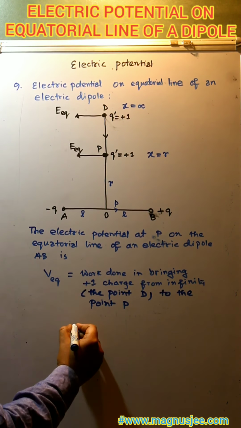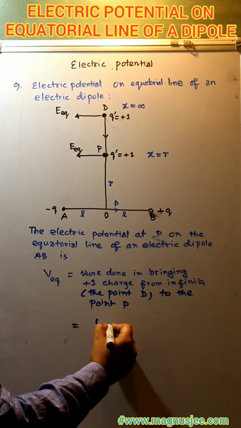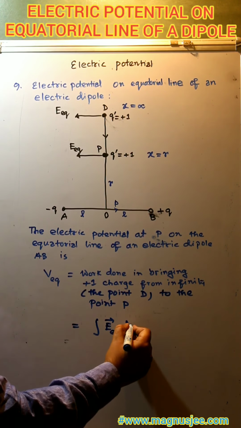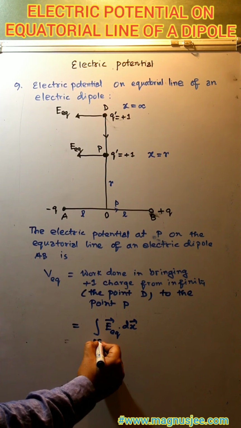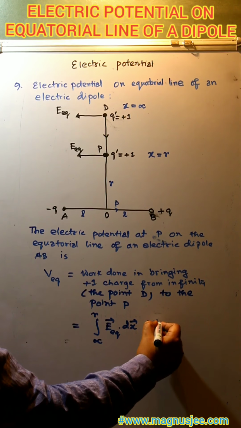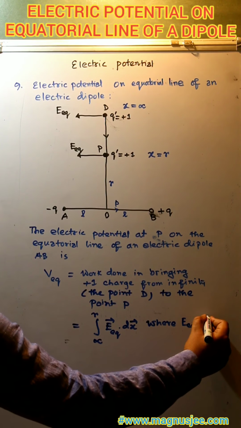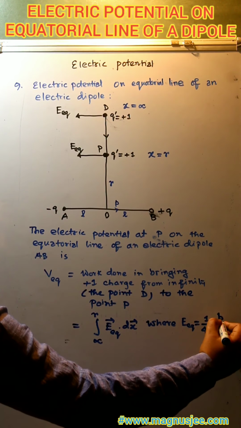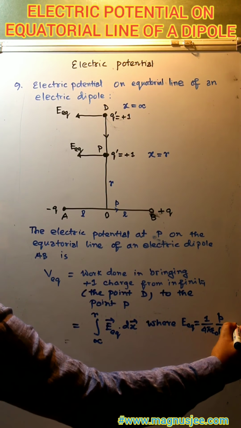Along the equatorial line, we know that work done is the integration of force into displacement. In this case, force is vector E_EQ, the field intensity on the equatorial line, into displacement vector dx, and the limits will be infinity to R. Where E_EQ, the expression we know, is 1 by 4 pi epsilon 0 times dipole moment P divided by (R square plus L square) to the power 3 by 2.